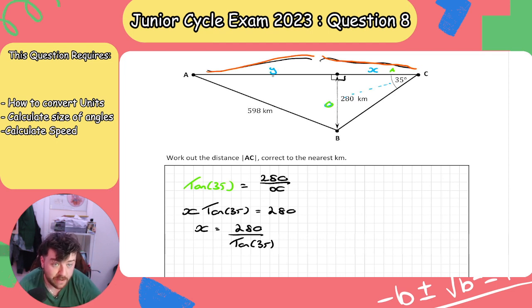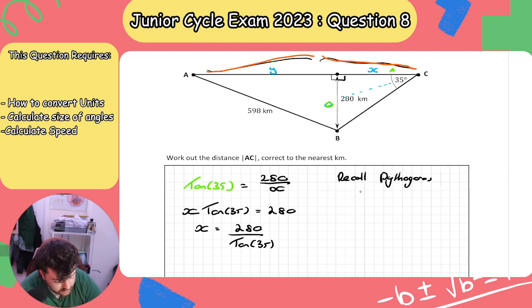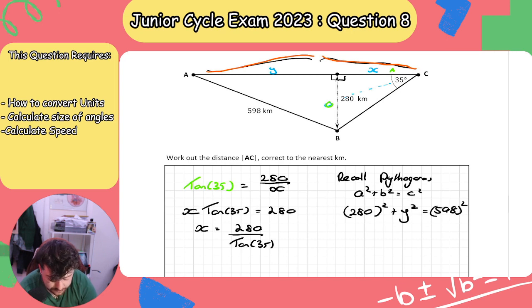Now I want to find this distance here. I can just use Pythagoras' theorem for this one because I have two sides. So it's my hypotenuse squared. A squared plus b squared equals c squared. So 280 squared plus y squared is equal to 598 squared.